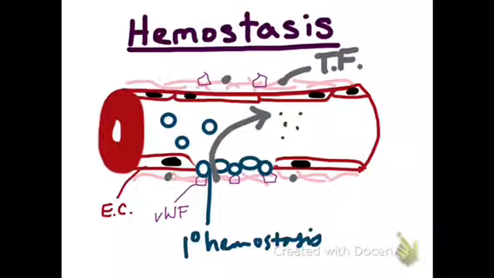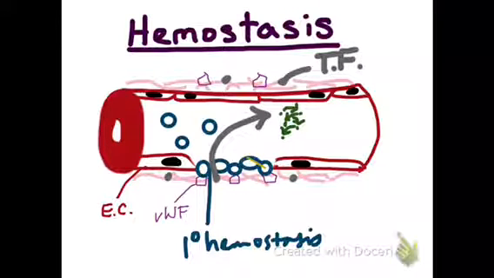So tissue factor results in activation of coagulation factors, which result in activation of other coagulation factors, which results in activation of other coagulation factors, and so on, until the end result is cleavage of fibrinogen, which is a soluble protein, to fibrin, which is an insoluble protein.